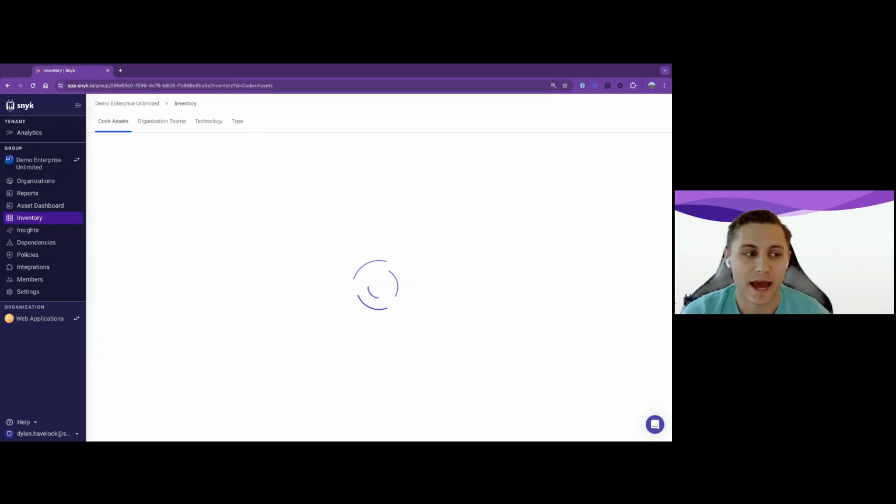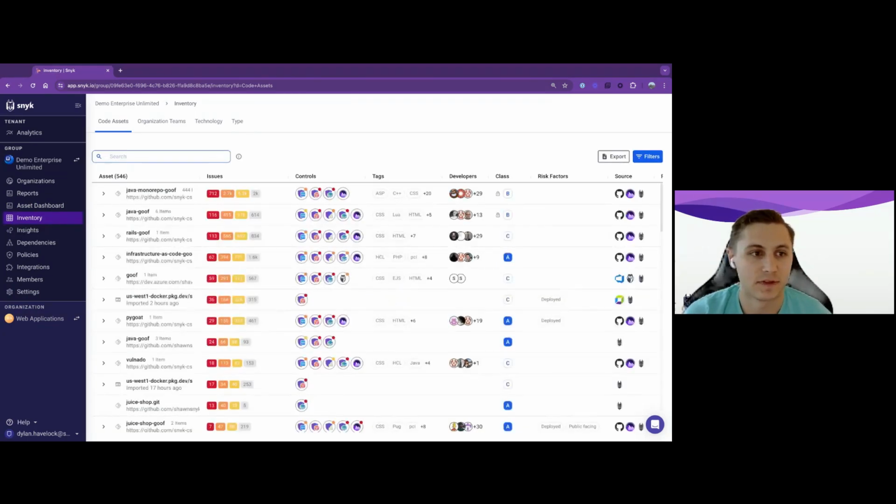Double clicking into that, we can get the detailed view here on the inventory view. So this is that asset inventory of all of our different repositories and container images as well. We can see all of the repositories, some are being scanned by Snyk, some scanned by other AST tools.